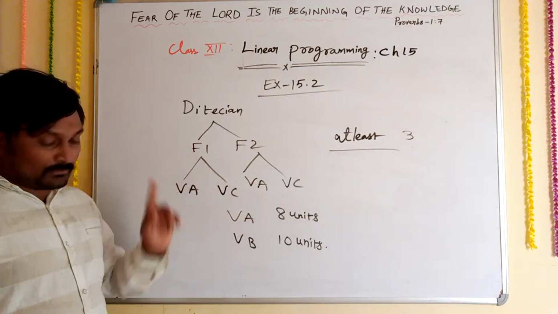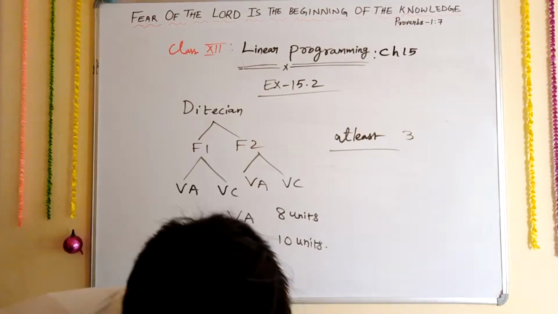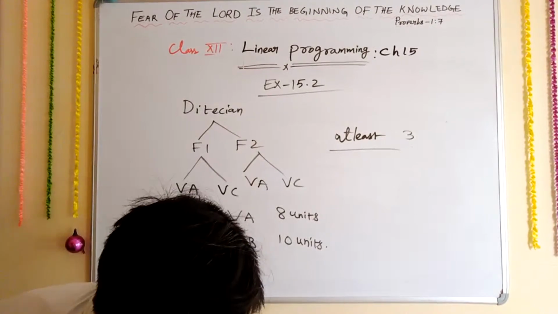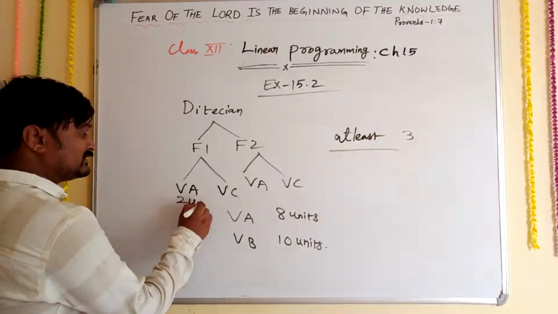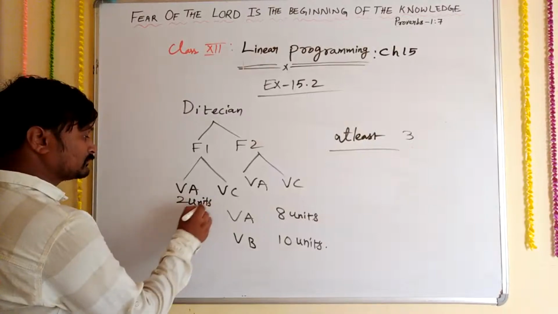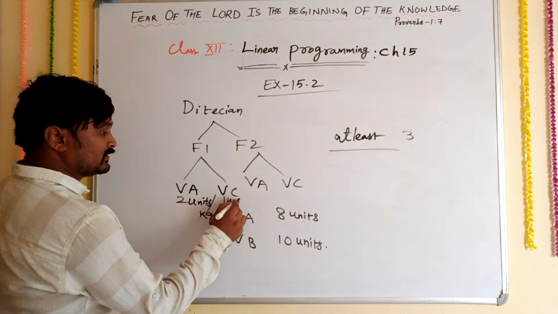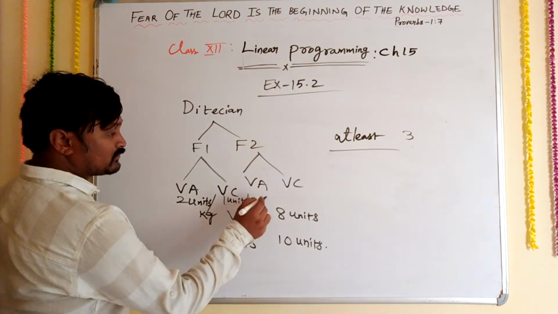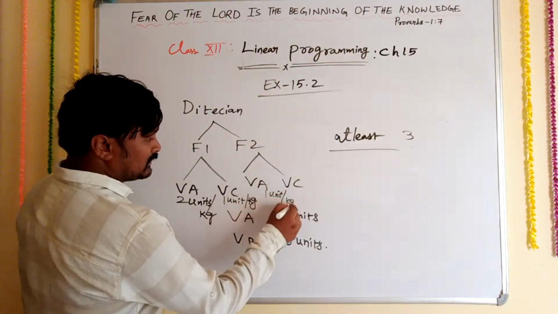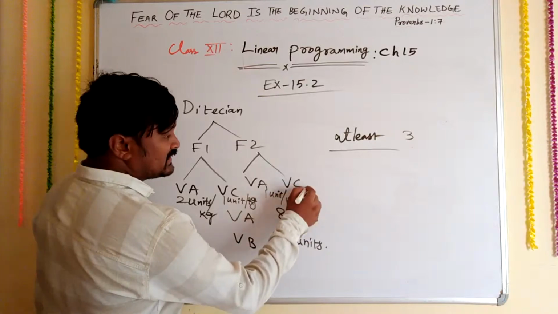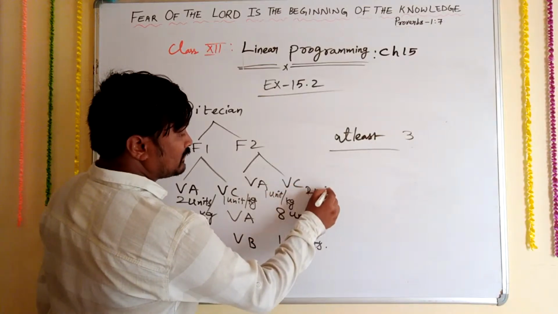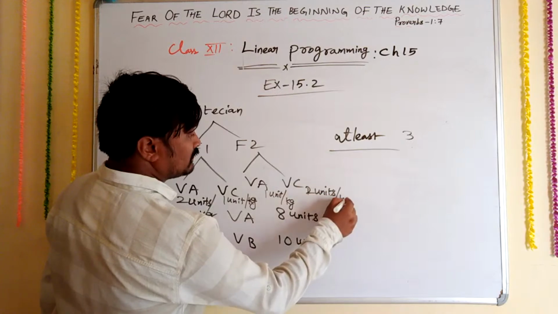Now this is about the given details. How much vitamin A is there in food number 1? In food number 1, vitamin A is 2 units per kg, and vitamin C is 1 unit per kg. In food 2, vitamin A is 1 unit per kg and vitamin C is 2 units per kg.